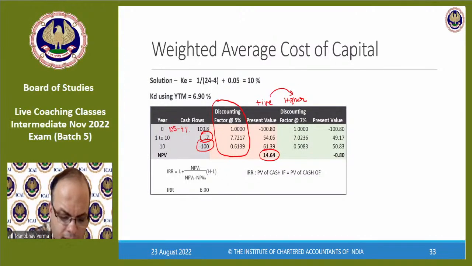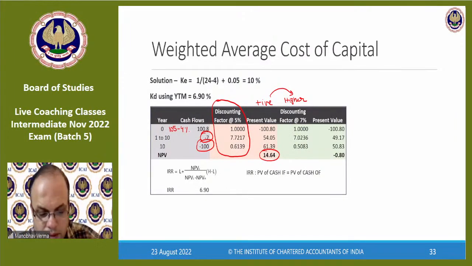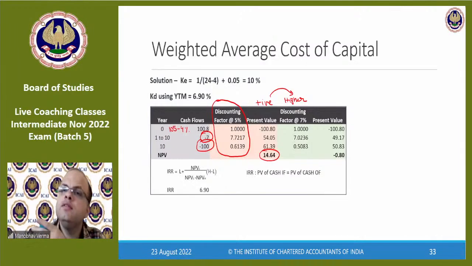Okay, Smita says you are not getting it. Smita, what exactly is the doubt for you? Can you please tell me? Smita, the YTM method we discussed in the last class.